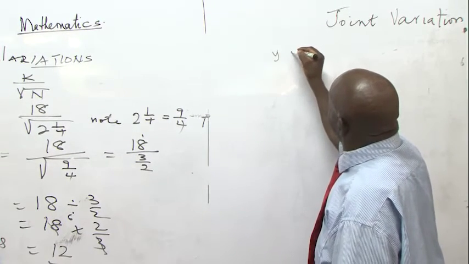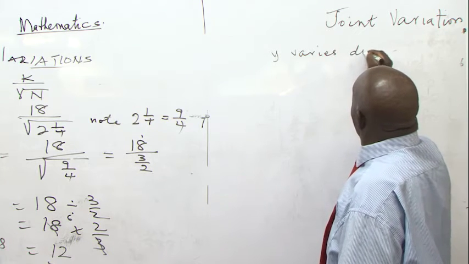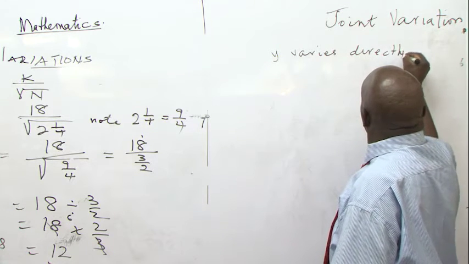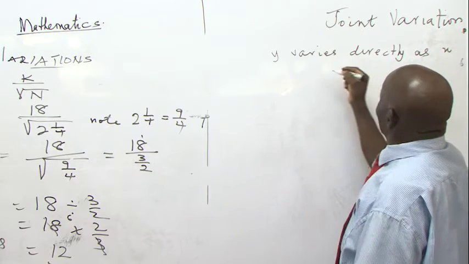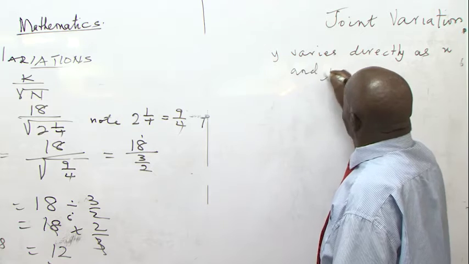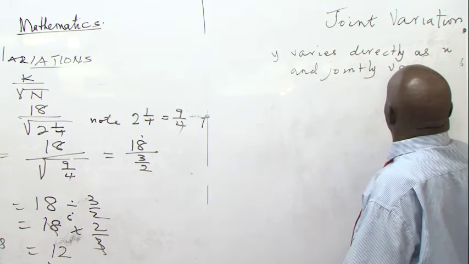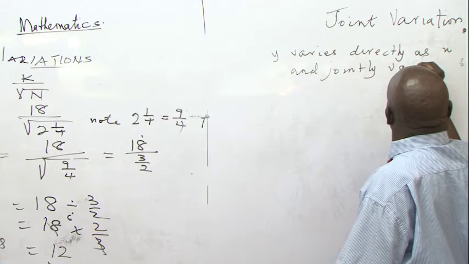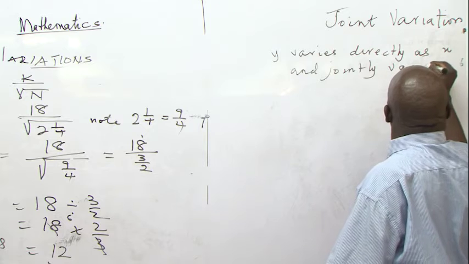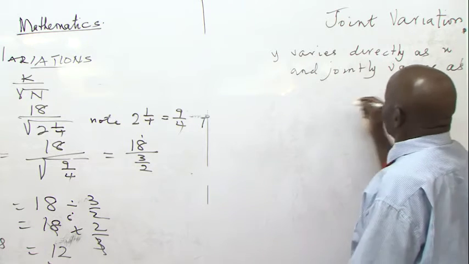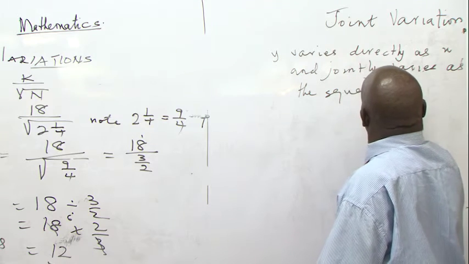Y varies directly as X, and jointly varies as the square of Z.